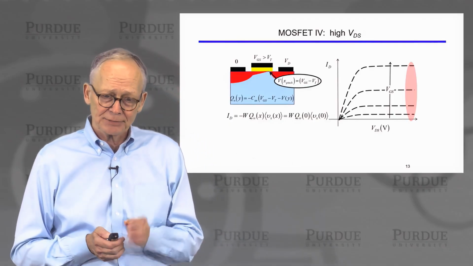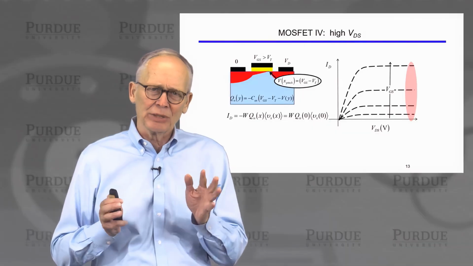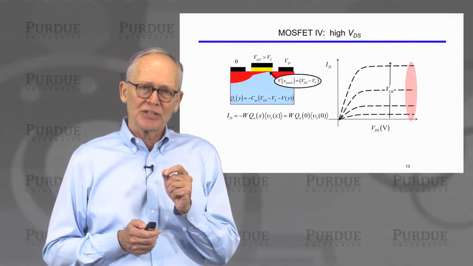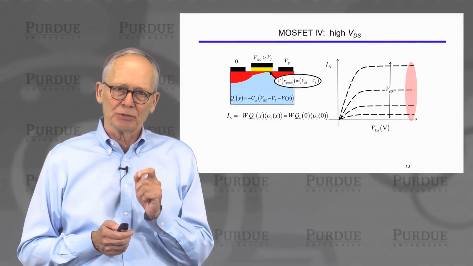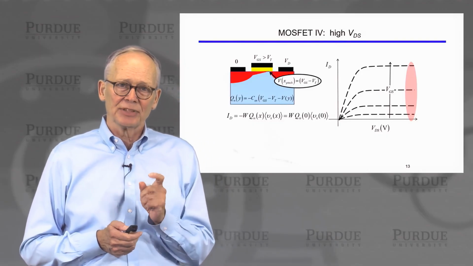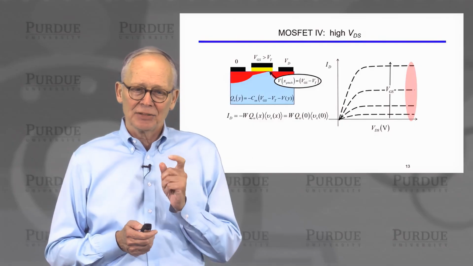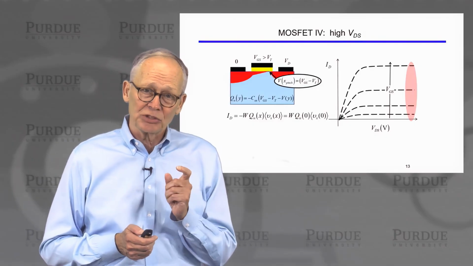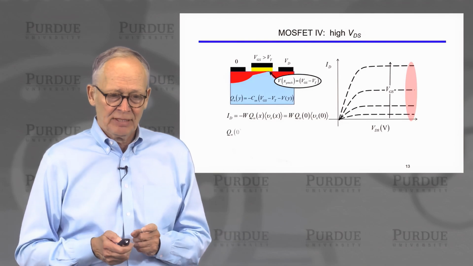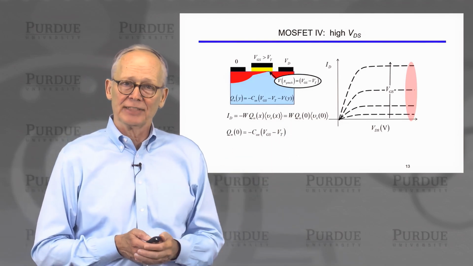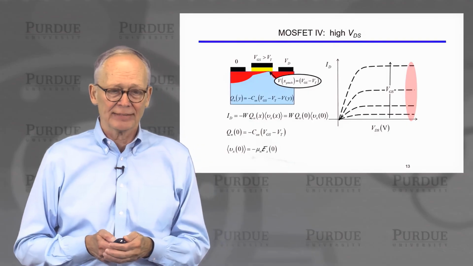It has to be continuous, as long as there's no recombination generation going on. So we might as well pick a location that makes it easiest for us to compute the current. The location that we will pick is x equals 0 at the beginning of the channel at the virtual source. The reason we're going to pick that is because we know the charge at that point. The charge at that point is just minus Cox times (Vg minus Vt). That makes life easy.